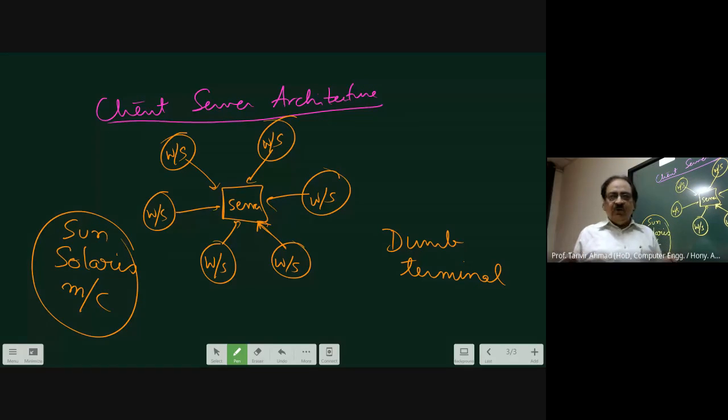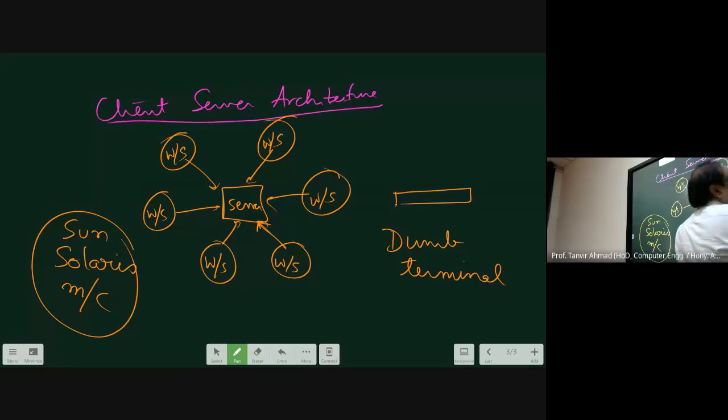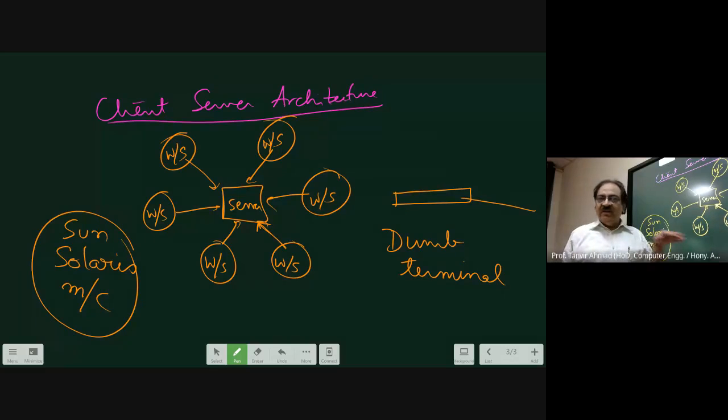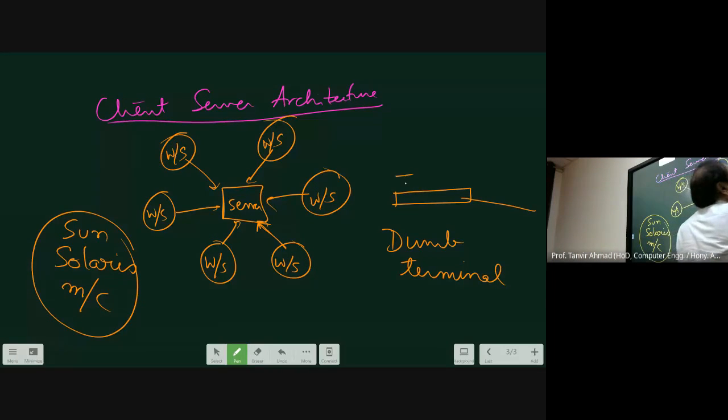The clerk sitting there has a terminal with a screen, monitor, one keyboard, one mouse, a printer, and one small thin terminal emulator with a wire that goes to the server. This is a necessity, because you want to book tickets from a central database. This is called a terminal emulator.